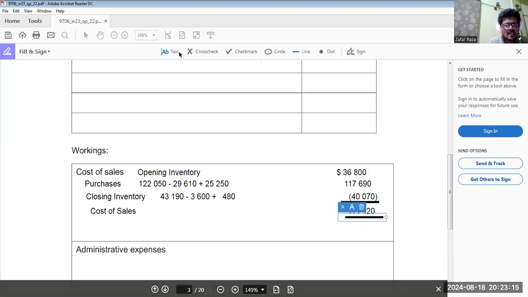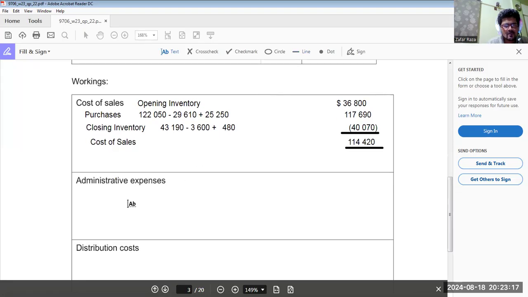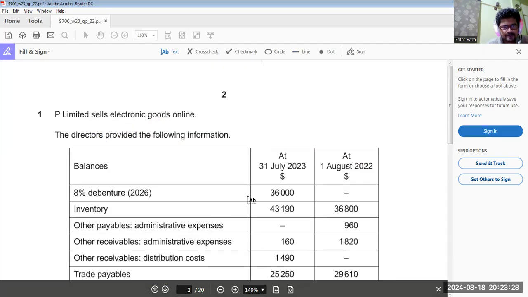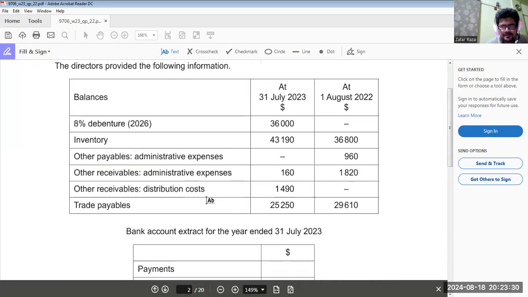Now administrative expenses. What do we have to do with administrative expenses? We are given payables and we are given receivables, so we have to use the formula for expenses.